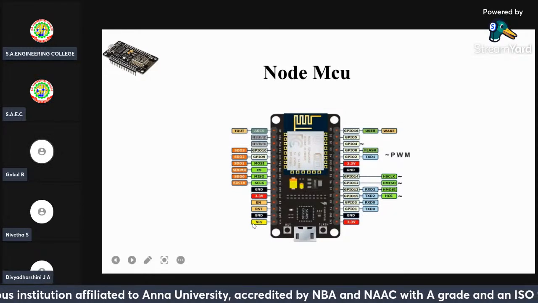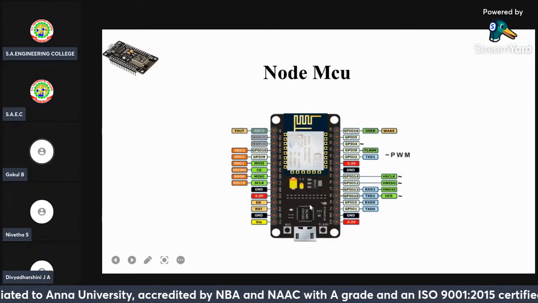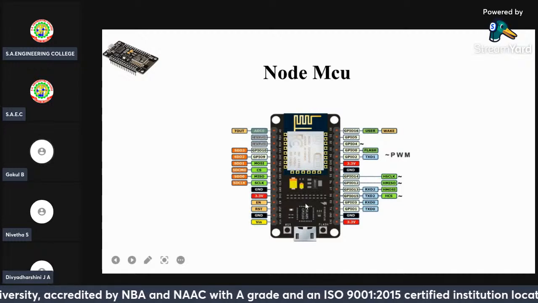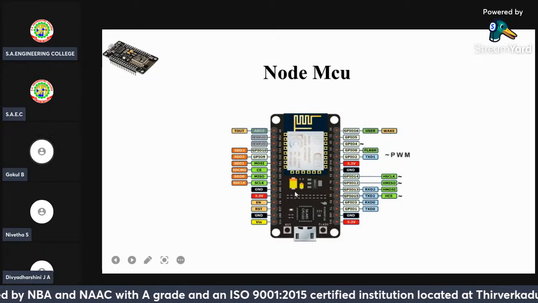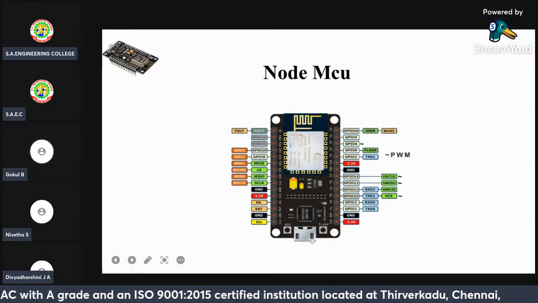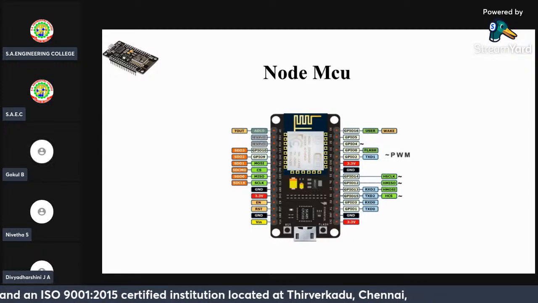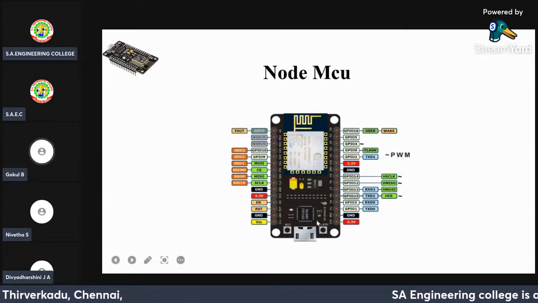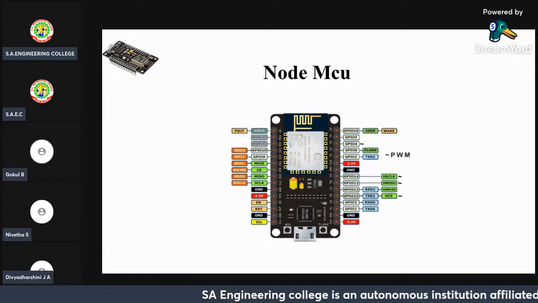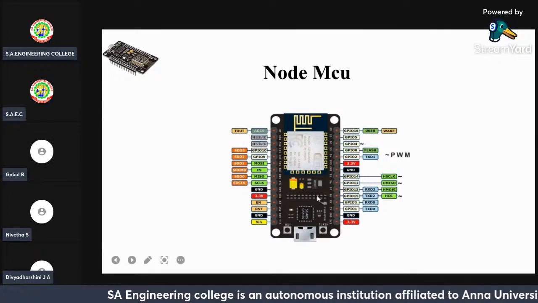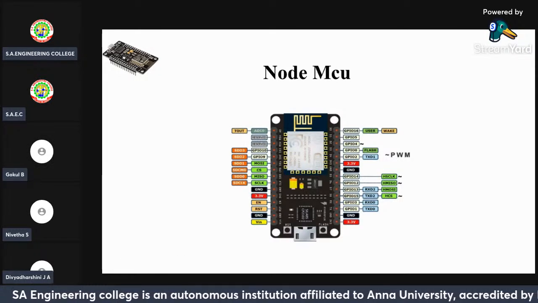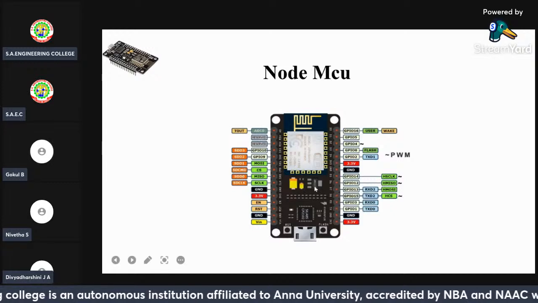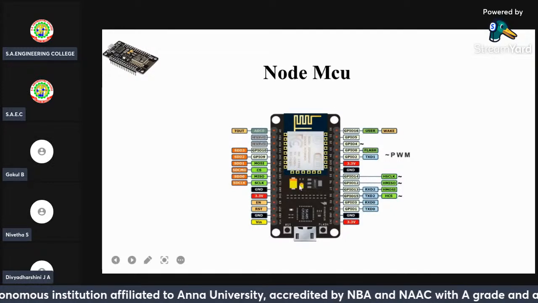Through this we can supply power to this microcontroller, and it works from 5 to 12 volts, or 5 to 15 volts, and we can also power this NodeMCU by using this micro USB port. And these are the flash and reset pins for this microcontroller unit. Through these we can program, reset, and erase the program accordingly.